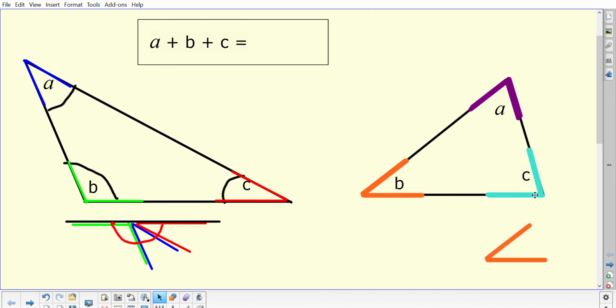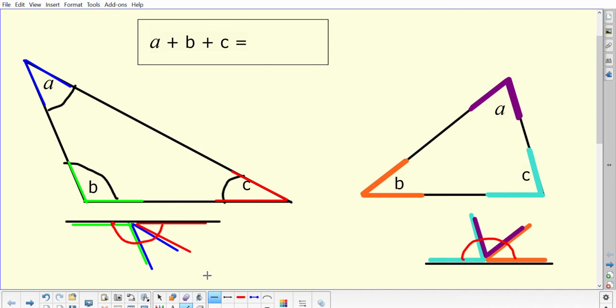Leave that one as is, bring that one across, bring this one down, turn it round so that the pointy bits are all together. And what you'll find is that for any triangle, all three angles fit together to make a straight line.